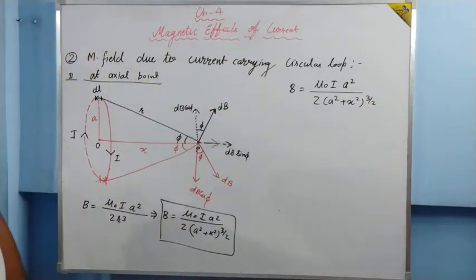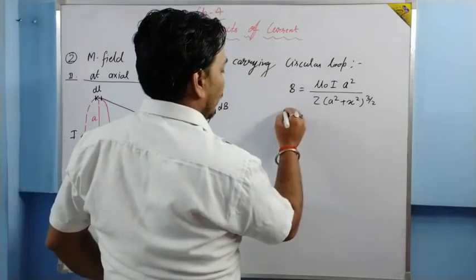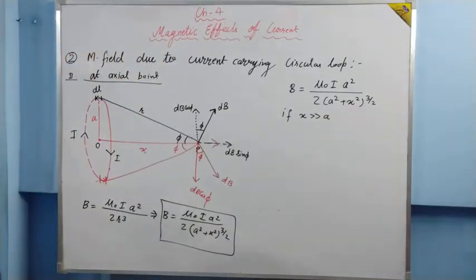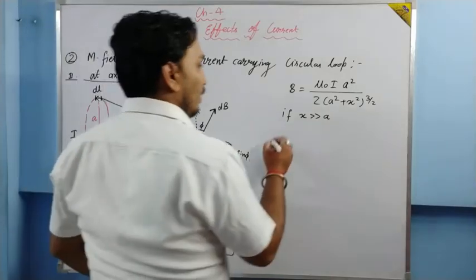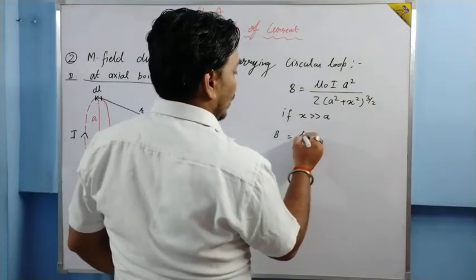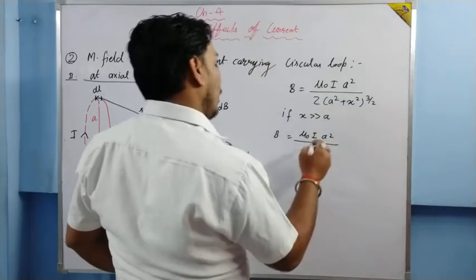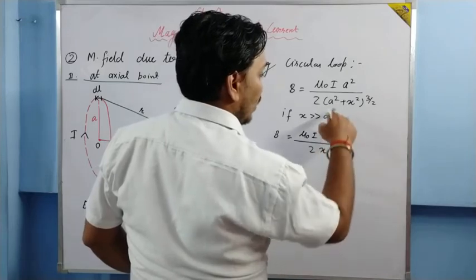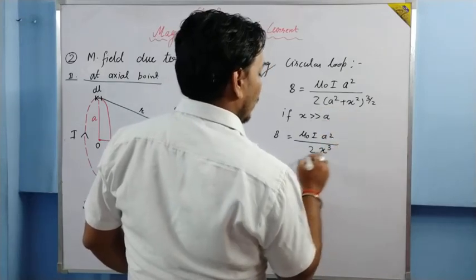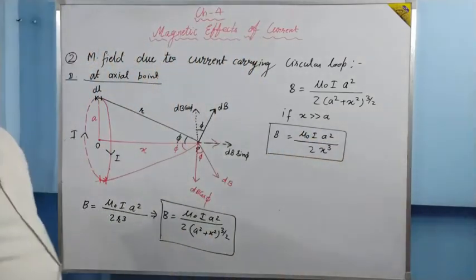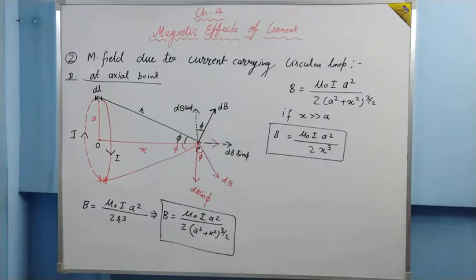Now suppose X is very much greater than A, the radius of the loop is taken to be very small, then what we are going to have? We are going to have mu naught I A square upon, this A square will be neglected, so we have 2 X cube. So mu naught I A square upon 2X cube. This will be the magnetic field when X is very much greater than A.